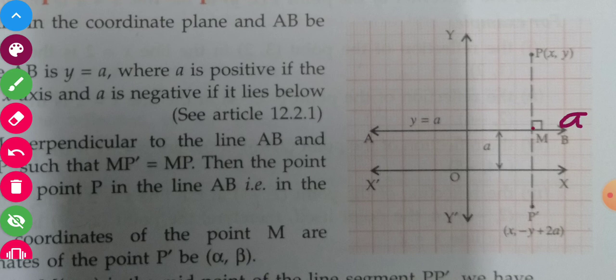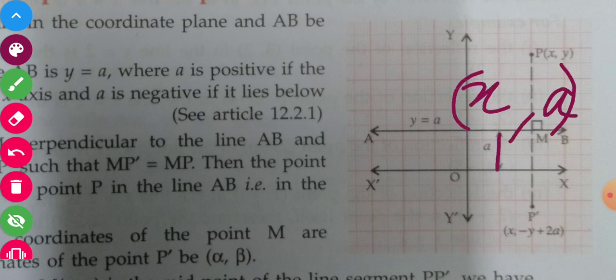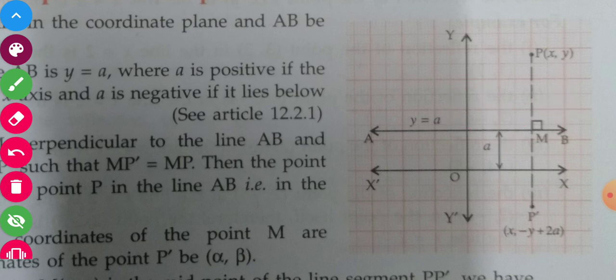And this point M is along the point x on the x axis, so its x coordinate is x, but its y coordinate is a. So the coordinates of point M are x comma a.